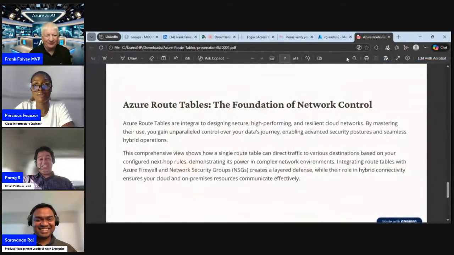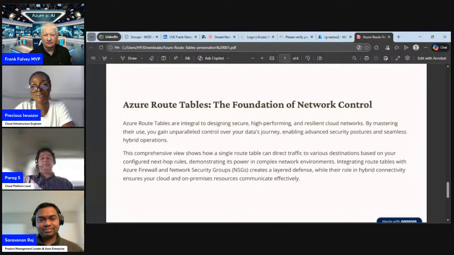Okay. So now, Azure route table being the foundation of network control is designed for secure, high-performing and resilient cloud networks. By mastering their use, you gain unparalleled control over your data journey, enabling advanced security posture and seamless hybrid operations.